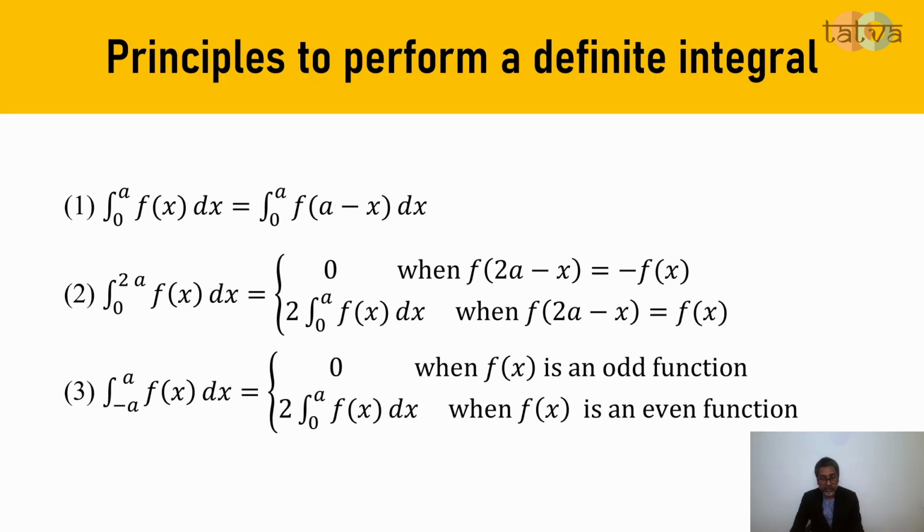An odd function is a function that is symmetric about the origin, and an even function is a function that is symmetric about the y-axis. So you study the geometry of f of x, and then you see whether it's an odd function or an even function. And once it is decided it's odd or even, you can use this property. These properties will vastly simplify our calculation of the differential.